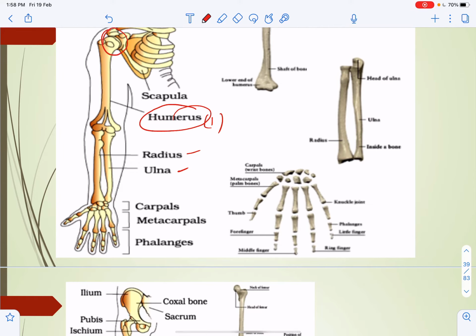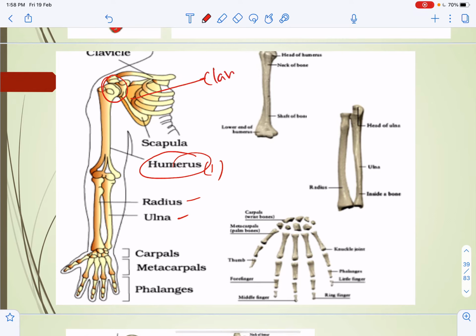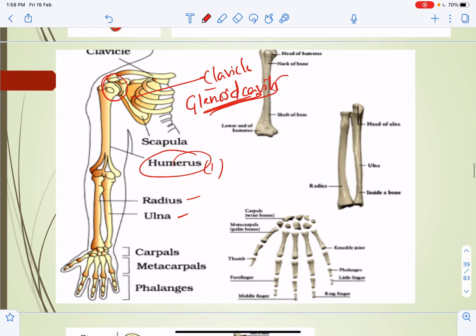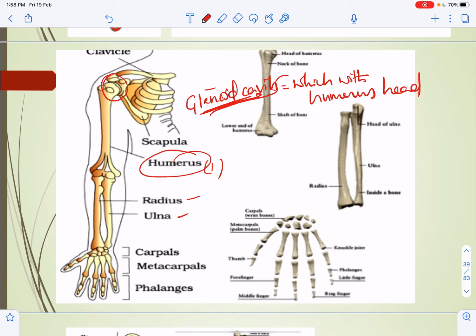The head articulates with the glenoid cavity, which is seen in the scapula. With the glenoid cavity, the humerus head articulates, and that forms the joint called the ball and socket joint.